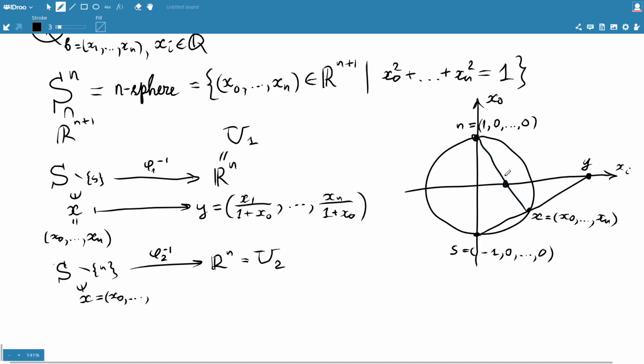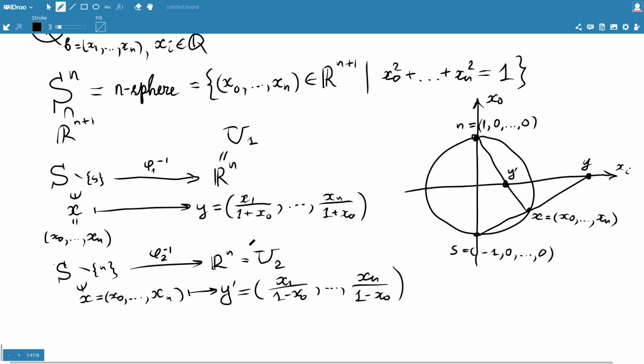Okay, so to this point, say y prime, which is, as you easily see, just (x1/(1-x0), ..., xn/(1-x0)), which is also well defined because you are outside the North Pole.